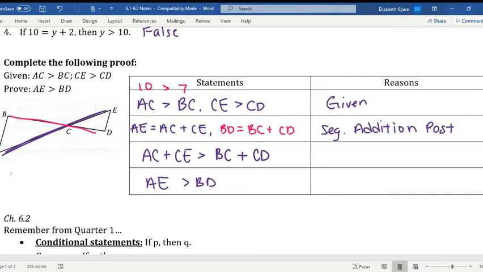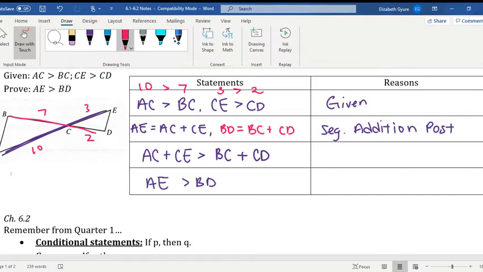Cool, okay. Then let's say I told you the measure of CE, and these are just generic numbers. It doesn't really matter because it doesn't tell us our triangles are congruent or anything like that. Let's say the measure of CE was 3, which is greater than the measure of CD, which was 2. So that means AC is 10, BC is 7, CE is 3, and CD is 2. Just picking out numbers.